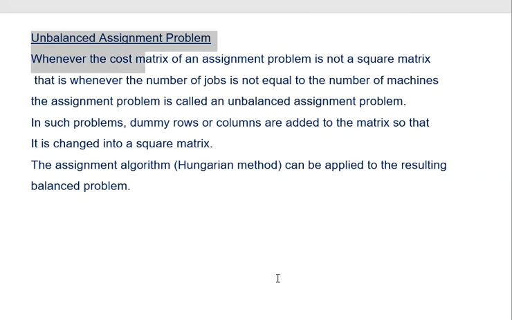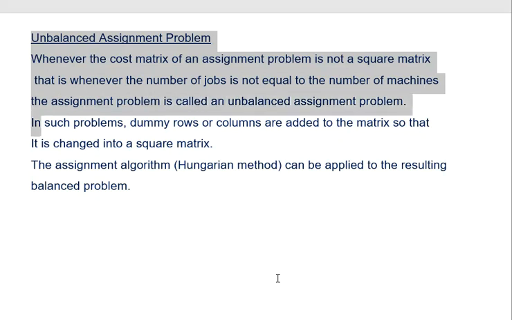Whenever the cost matrix of an assignment problem is not a square matrix, that is, whenever the number of jobs is not equal to the number of machines, the assignment problem is called an unbalanced assignment problem.